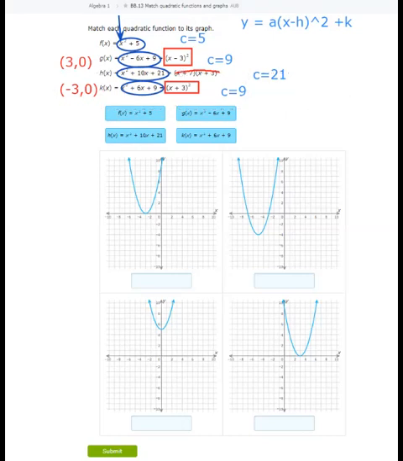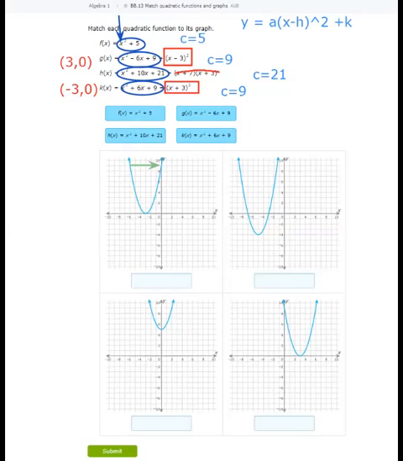So from here, let's go ahead and start making the distinctions. For f of x, c equals 5. So let's go ahead and start looking at our y-intercepts. Our y-intercept for our first graph here is up at 9. So that could be g of x or k of x.